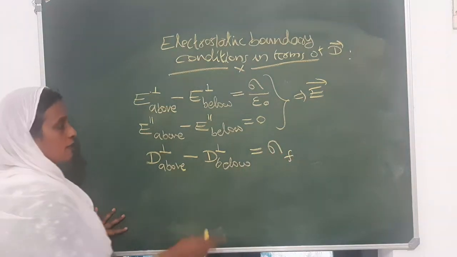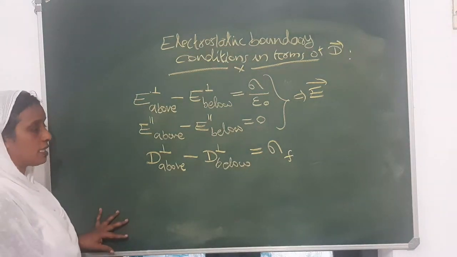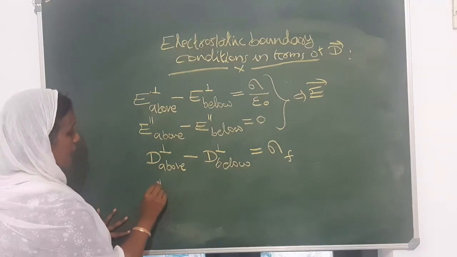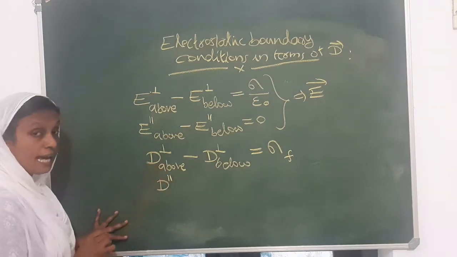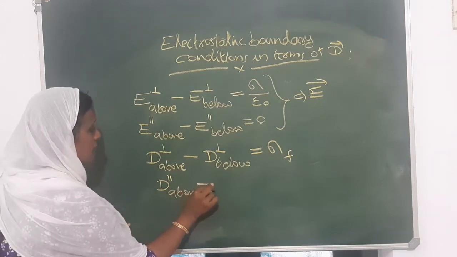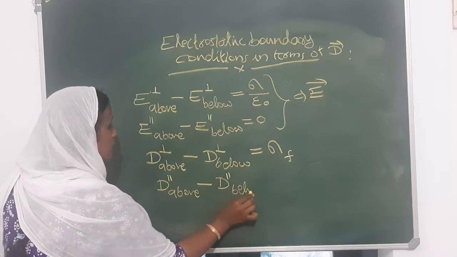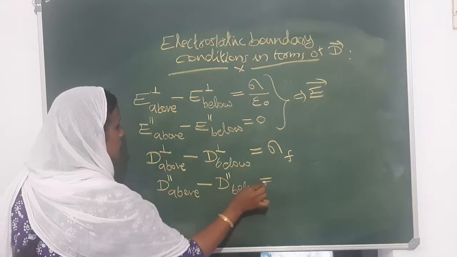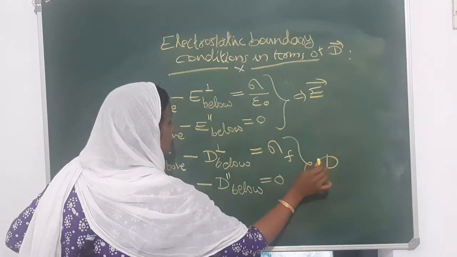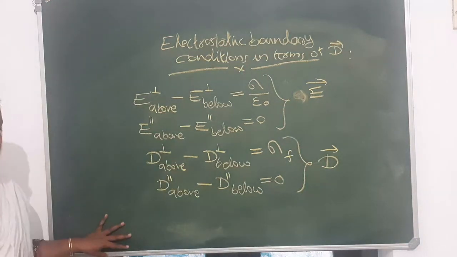That means this discontinuity is equal to the free charge density sigma f. Similarly, the tangential component of the electric displacement vector is continuous across a boundary. These are the boundary conditions for the electric displacement vector.